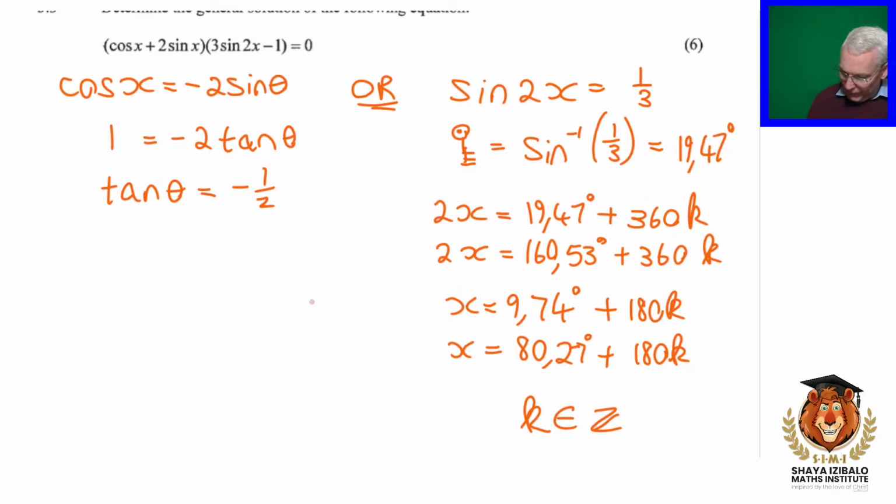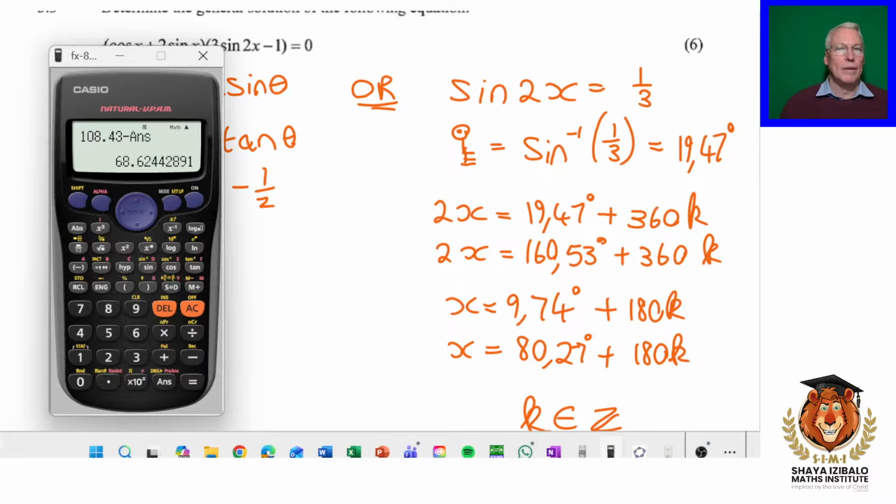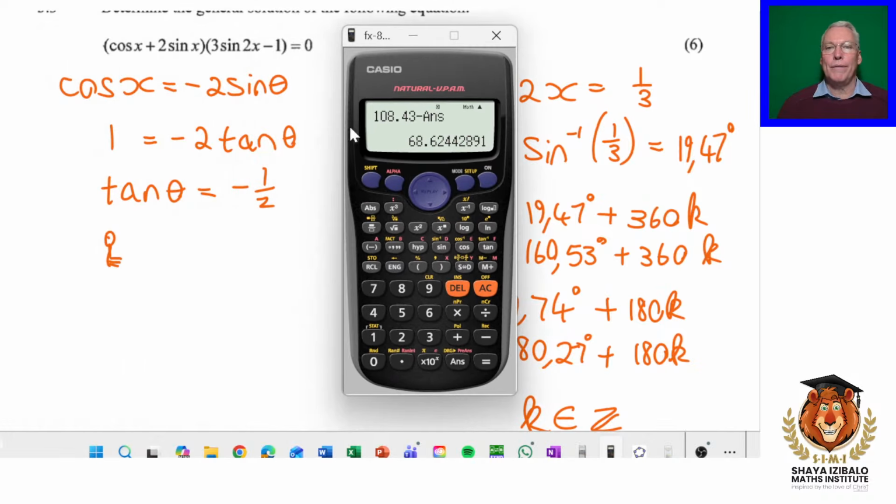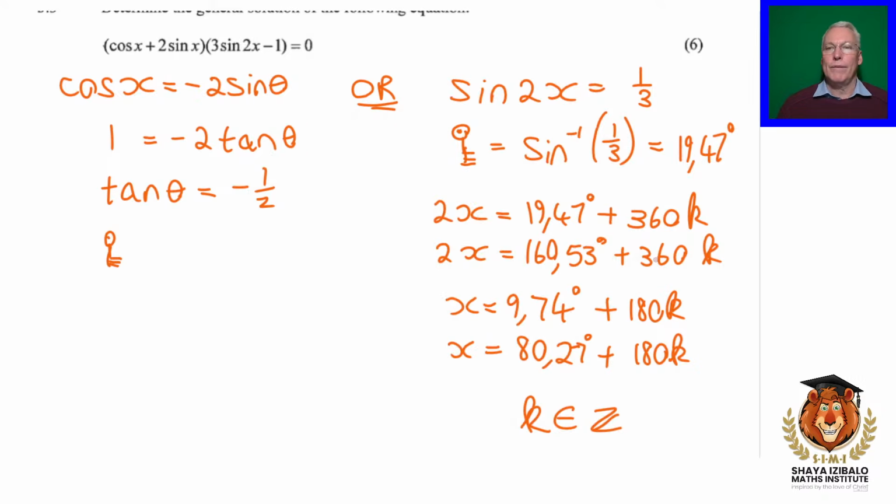Right, now we're going to find our kind of key angle. All right, so we're going to shift tan of 1/2, and we get a key angle here. I think it's 26. Let me just remind myself. Shift tan of 1/2: 26,57 degrees.